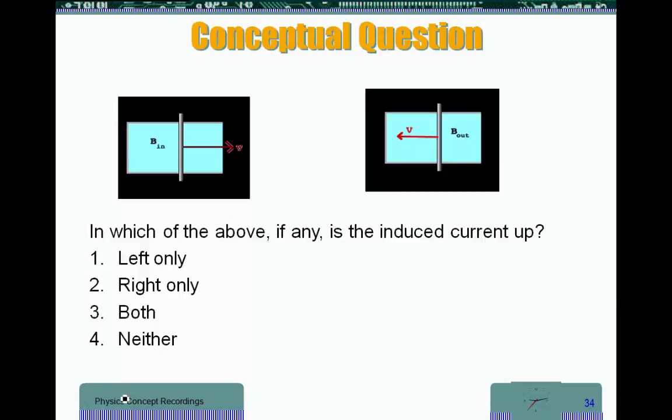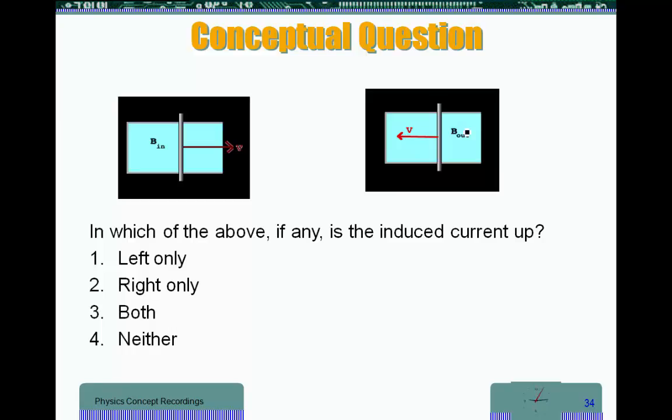Okay, we have two situations here in which we ask if the induced current is up. In the first case, B is in and V is towards the right. In the second case, B is out, towards us, and V is towards the left. Let's use the right-hand rule.